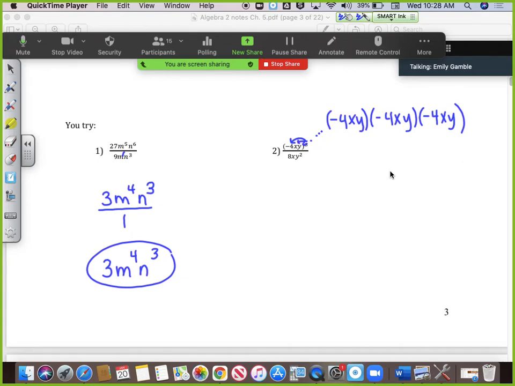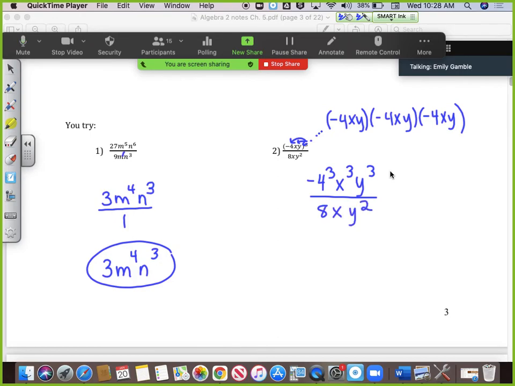So when I do that, this turns into negative 4 to the third power, x to the third power, y to the third power. And in the expanded form, you can see that happening because it's negative 4 times negative 4 times negative 4, x times x times x, y times y times y, which makes sense with those exponents here. And then I'll just write that over 8xy squared.